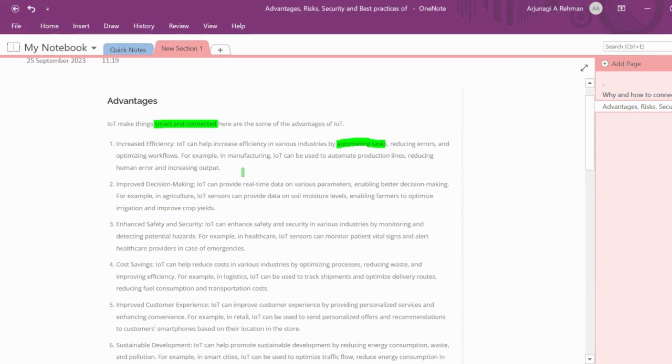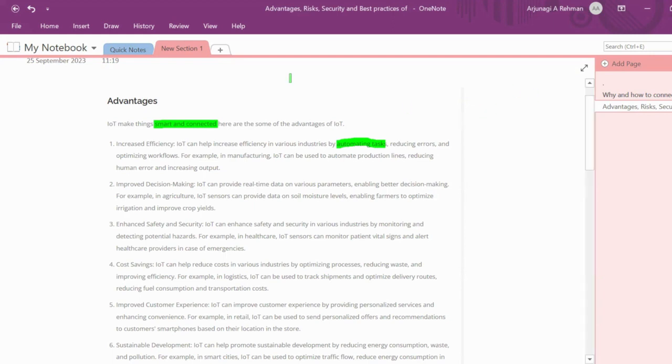For an example, in manufacturing, IoT can be used to automate production line, reducing human error and increasing output. So let me give you another example for better understanding. So assume you are cooking some dish and you must maintain some temperature.